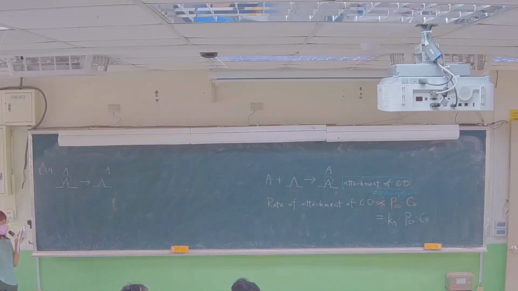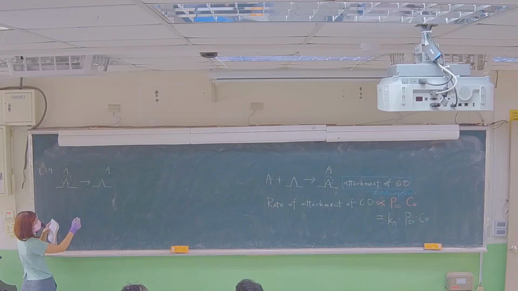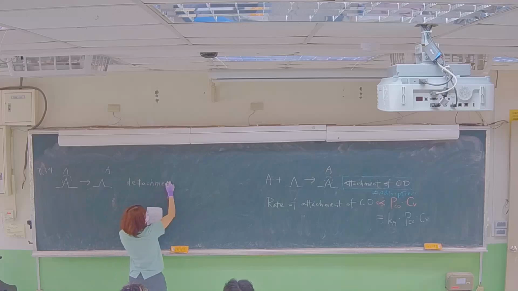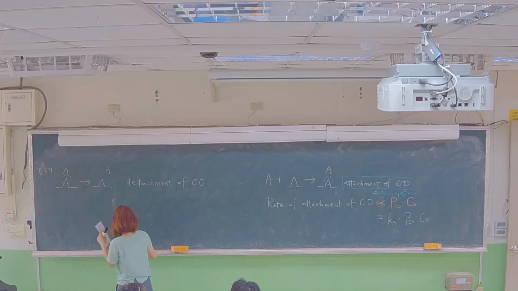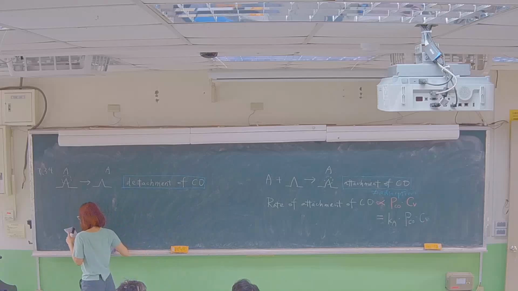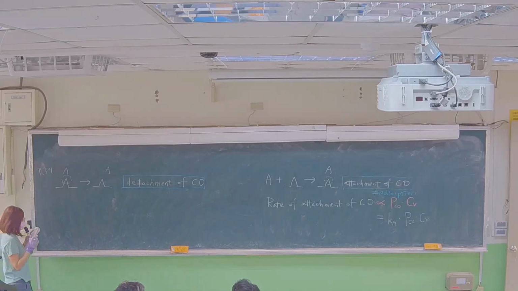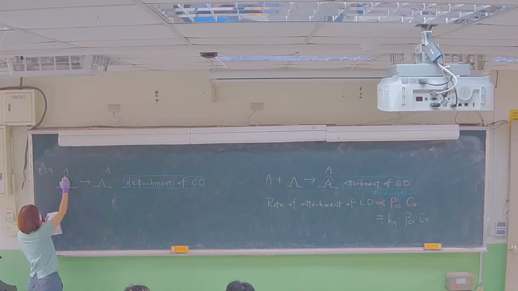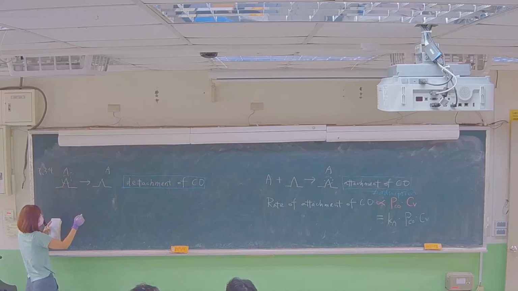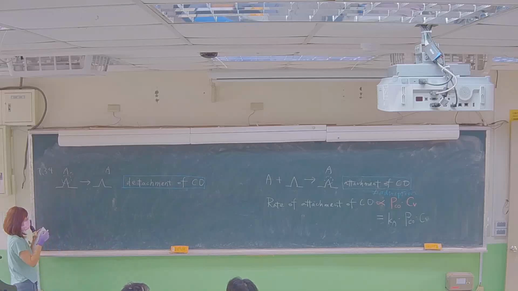Now we talk about the detachment of CO. You can see the first sentence: the detachment of CO from the surface is proportional to the concentration of sites occupied.